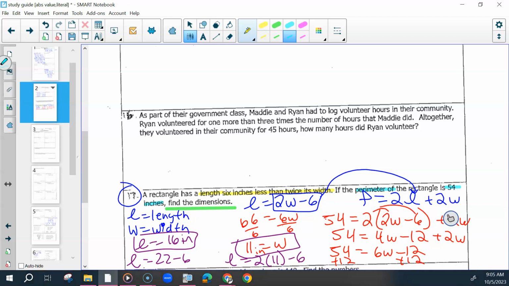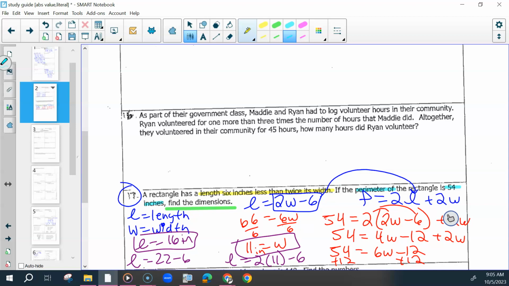Alright, so what's important in this? The faster this will go, the faster you guys can get through your quiz. What's important in this?